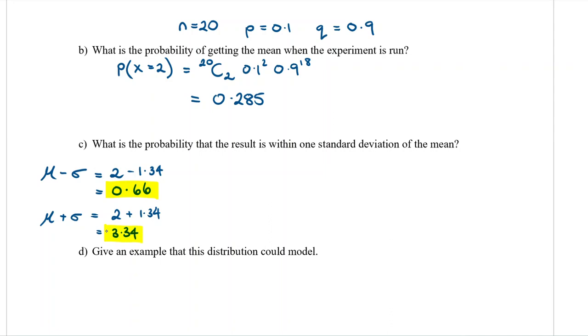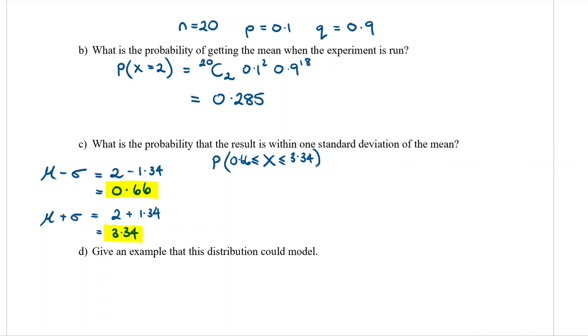Effectively, we are finding the probability when our score is between 0.66 and 3.34. Remember that this is discrete data. What does discrete mean? Whole numbers. We can't have a 0.66 success.